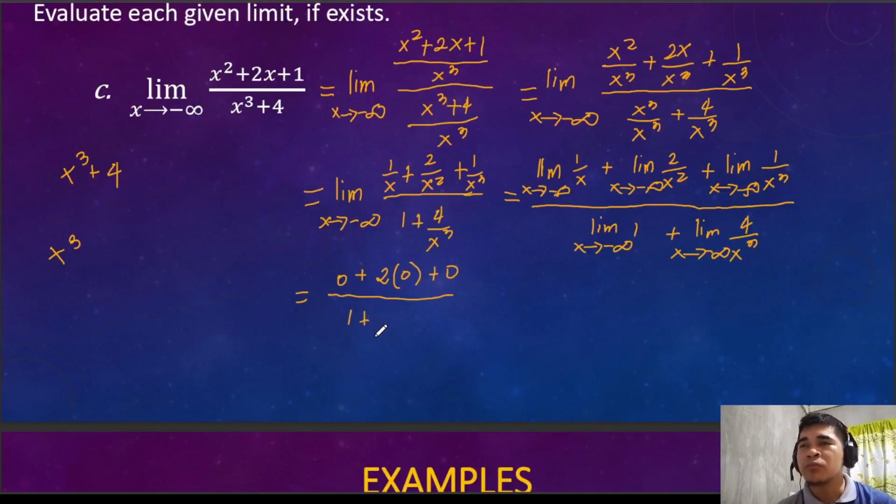Plus the limit of 4 over x cubed, that is 4 for the limit of 4. Then the limit of 1 over x cubed, that is 0. Okay? So in the numerator, it's 0 already. In the denominator it is 1. So the answer is 0. So the limit of x squared plus 2x plus 1 over x cubed plus 4 as x approaches negative infinity is 0.